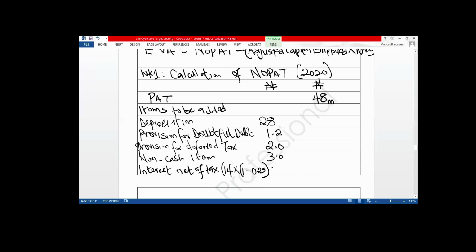What do you have? 10,500,000. 10.5 million. We have taken accounting depreciation. We have taken provision for doubtful debt. We have taken provision for deferred taxation. We have taken non-cash item. We have taken interest net of tax.